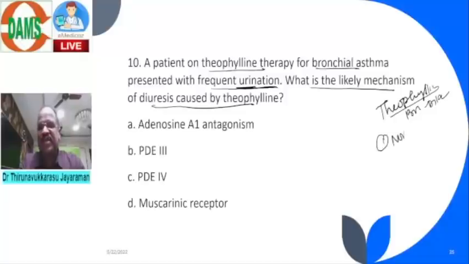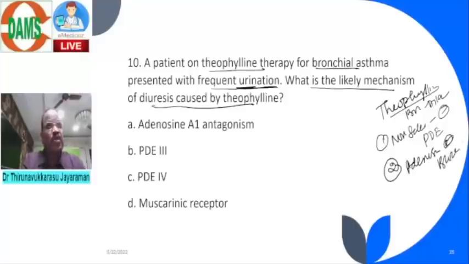First action, non-selectively inhibiting the phosphodiesterase enzyme. Second action, adenosine receptor blocking. So in this, what is the mechanism causing the adverse effect of diuresis?